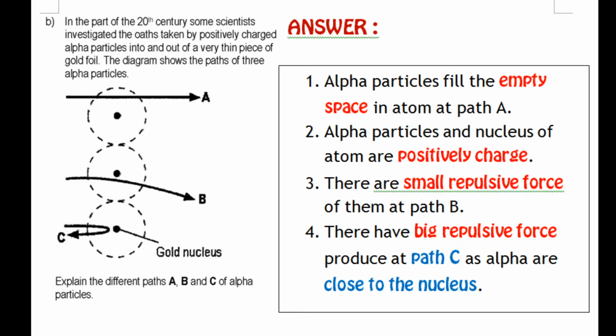So now I can prove they get a small repulsive force when they come close. Okay, number 4, there is a big repulsive force produced at path C when the alpha particles are close to the nucleus. Okay, 4 is a big repulsive force. The second one, you just say inside is positive, then it produces a small repulsive force. So this one is the final answer for A, B, and also C.